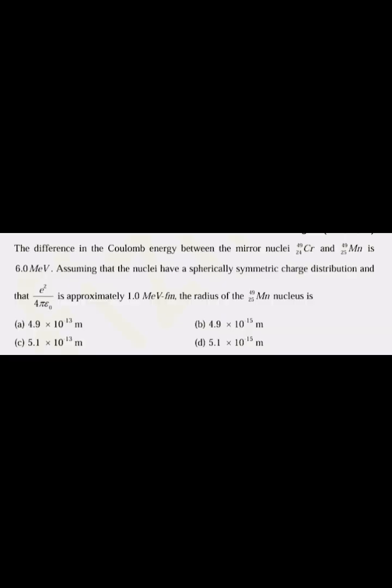The next question is, the difference in Coulomb energy between the mirror nuclei 24Cr49 and 25Mn49 is 6 MeV.